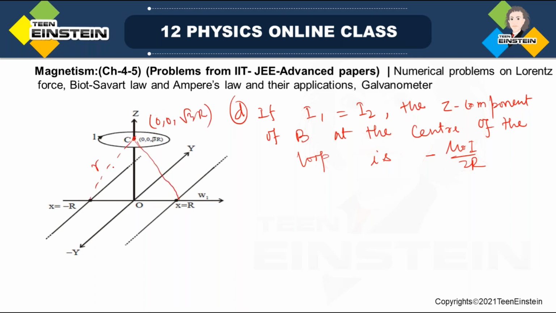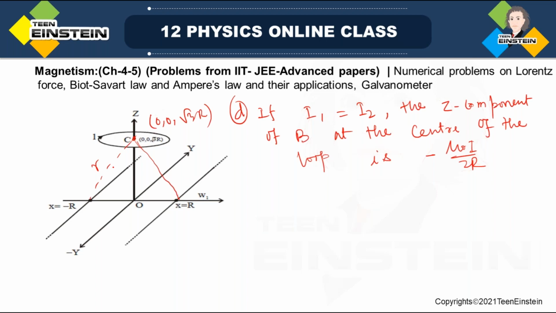Here the radius of the loop is r, so we can write mu 0 I by 2r. This is the magnetic field at the center of the loop, and the direction will be in the negative k direction. So the option was this, mu 0 I by 2r. This is correct, so option D is also correct.